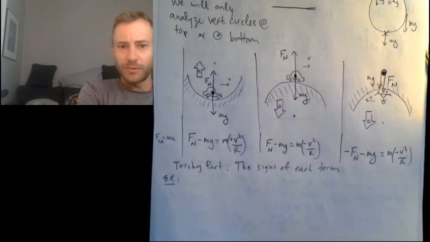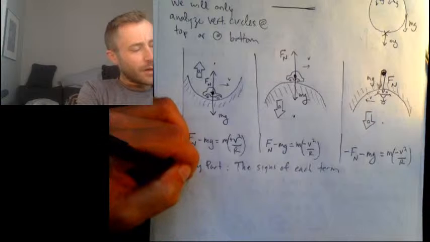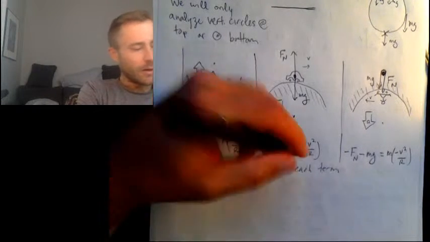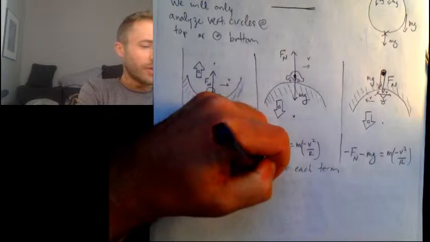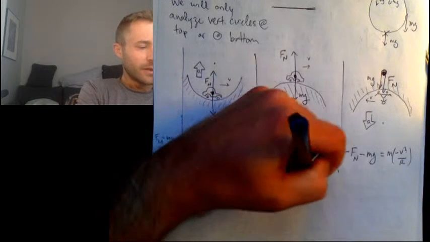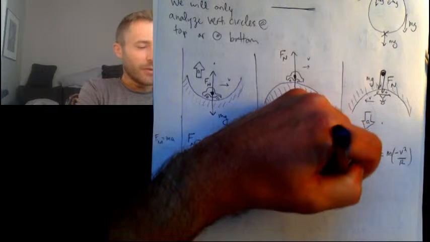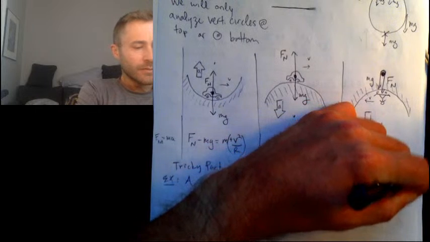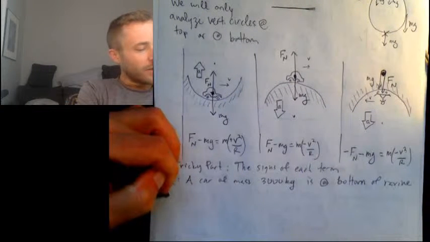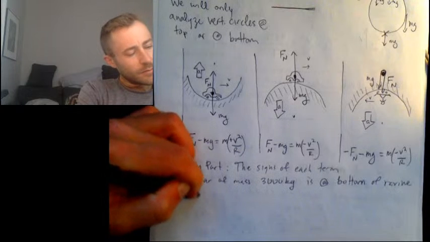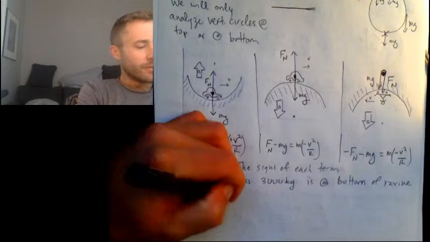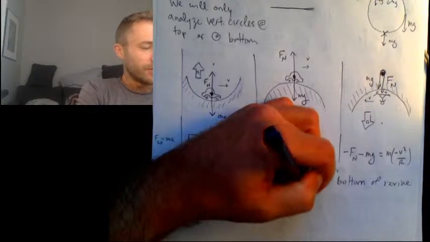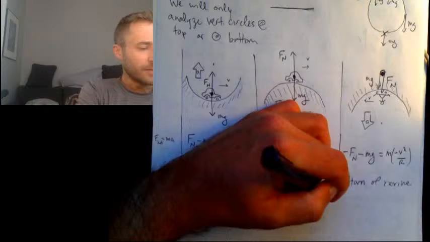All right, let's do some examples. A car of mass 3,000 kilograms is at the bottom of a ravine of radius 40 meters with speed 50 meters per second.